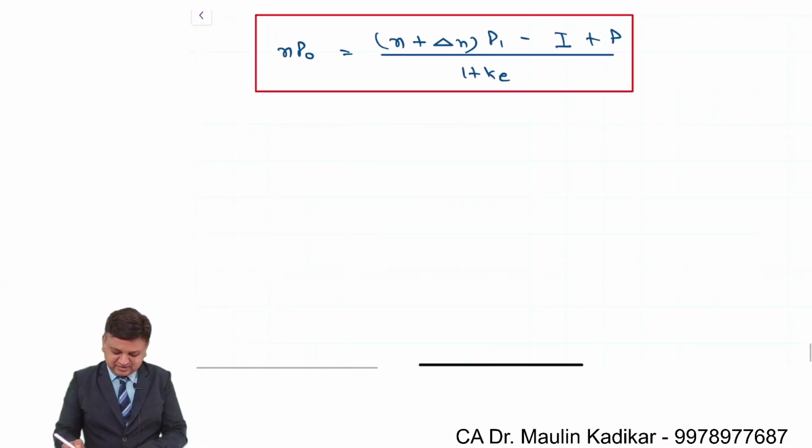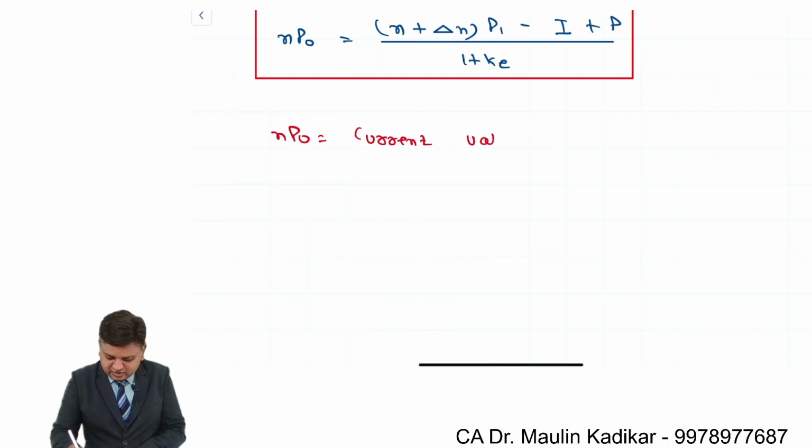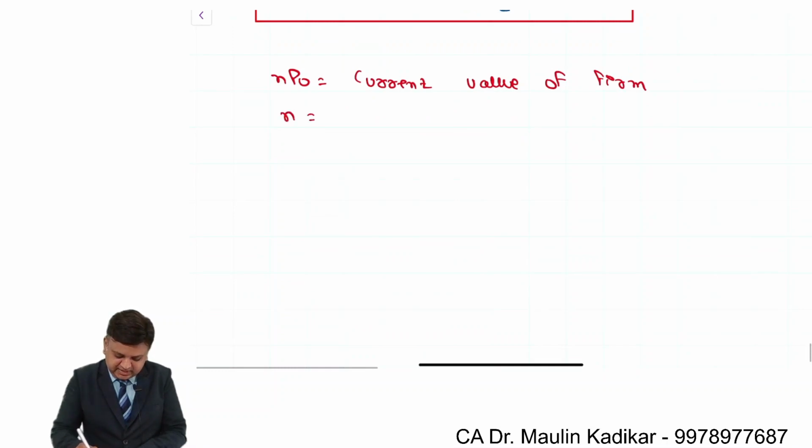So, before understanding the derivation of the formula, I am writing the full form. nP0 is the current value of the firm. n is the existing number of shares.